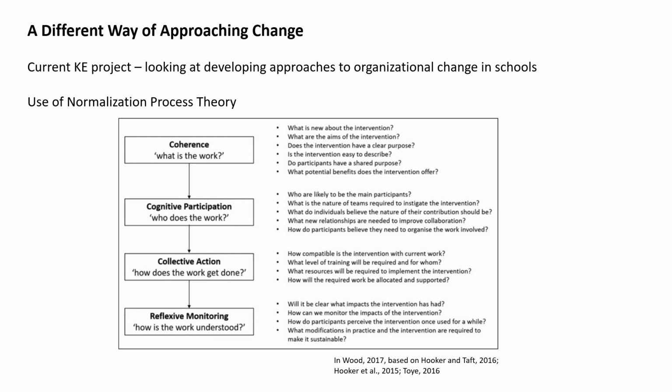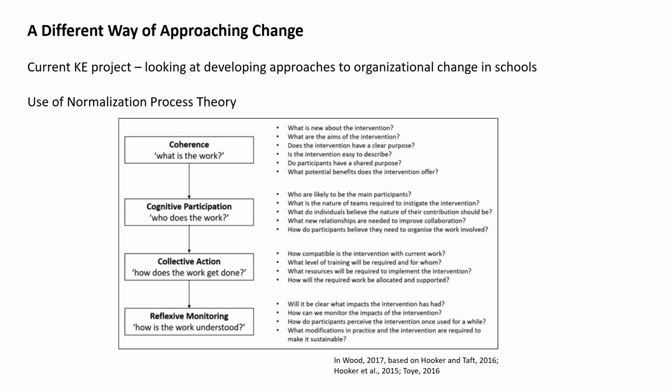This theory has four aspects, which are all looking at different aspects of the work to be done. Coherence is the element that looks at what the work is. What's the intervention you're developing, what's the change you're bringing in, what are the aims, why this and why now?